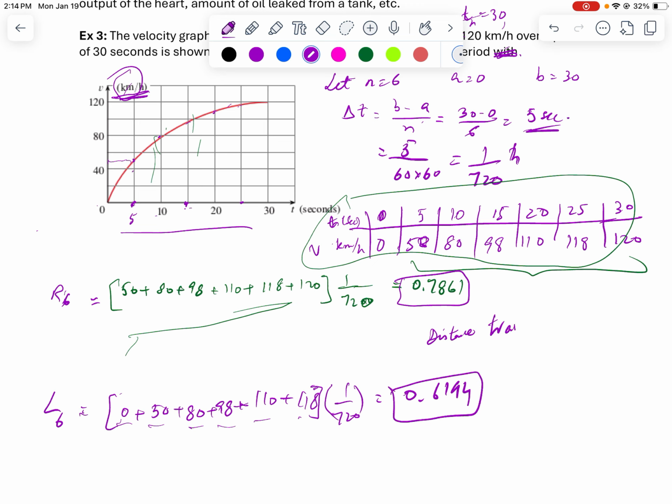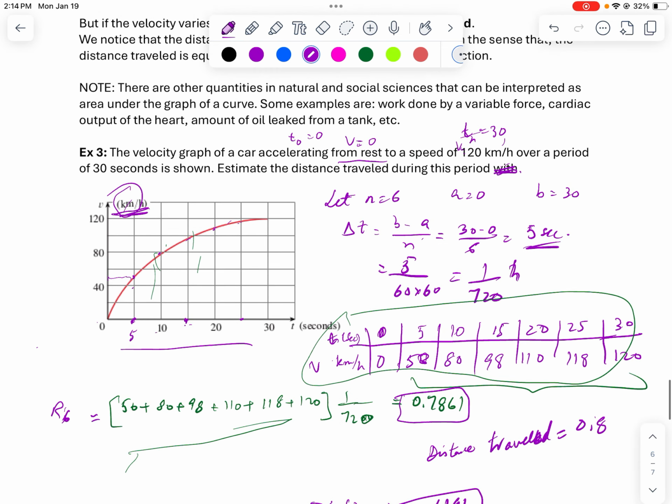Because remember, we have kilometer per hour, that is the unit of the velocity, and we are multiplying it with the unit of time, which we converted into hours.